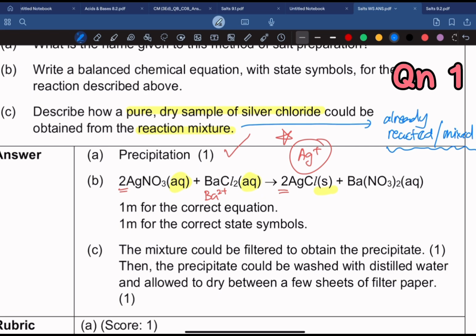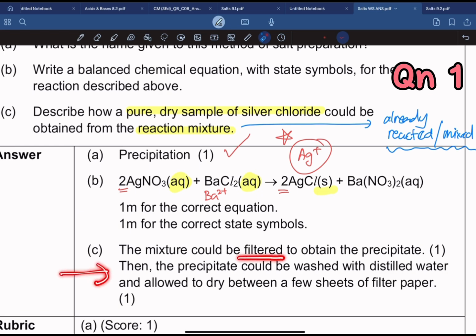I've seen many of the answers where you started from step 1 all the way to drying the precipitate. Here you must know that they're saying it's already reacted. So from this mixture of solid and solution, how are you going to obtain a pure dry sample? Taking note it's already reacted, the answer is as simple as this.